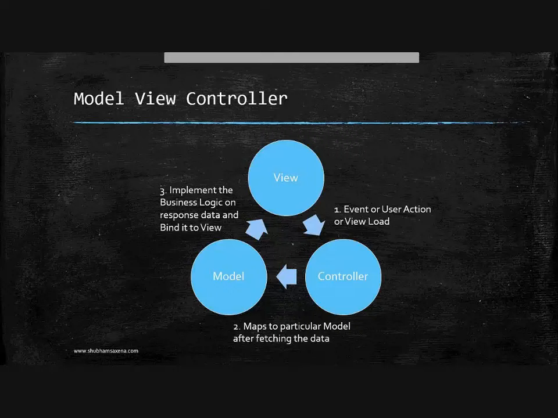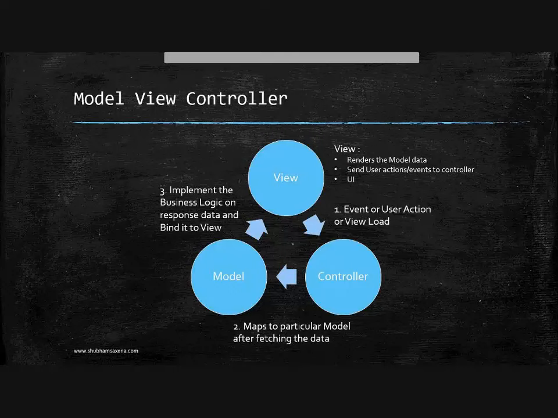Instead, we will be returning a JSON object, maybe some modified version of JSON, not the complete assets or the complete web page, and hence only the data will be returned from the model, and it will easily be populated with that data, and hence we will get a refreshed web page or a refreshed status. So the view renders the model data or sends the user action events to the controller.